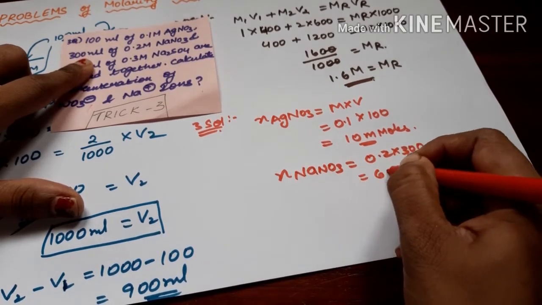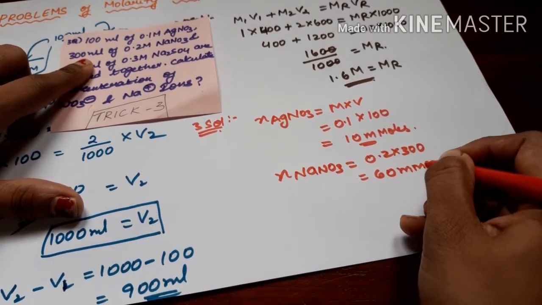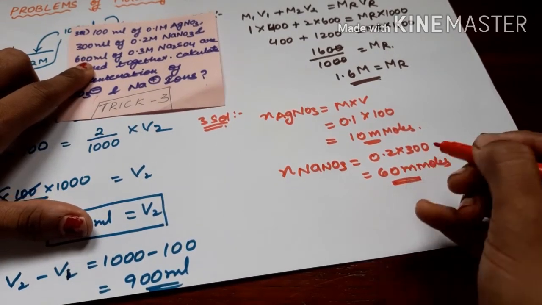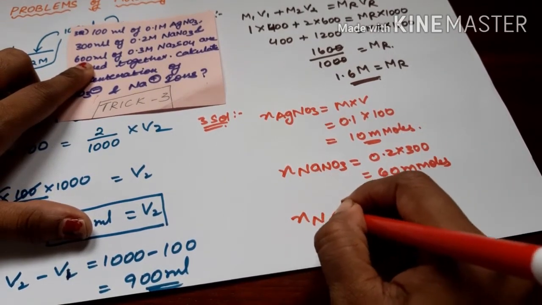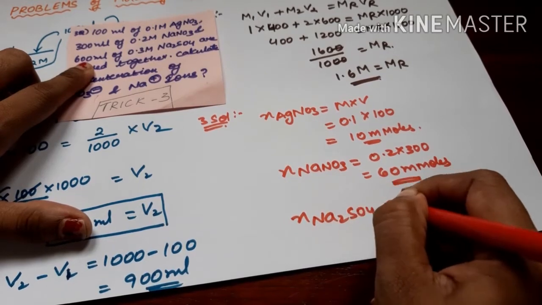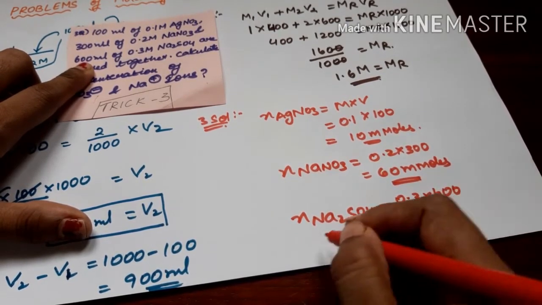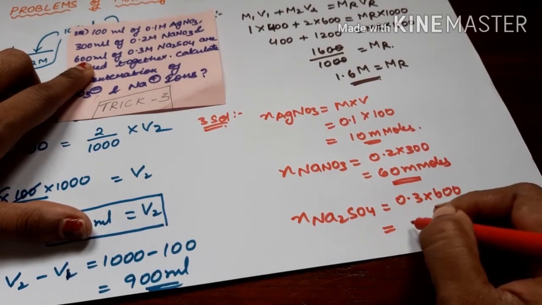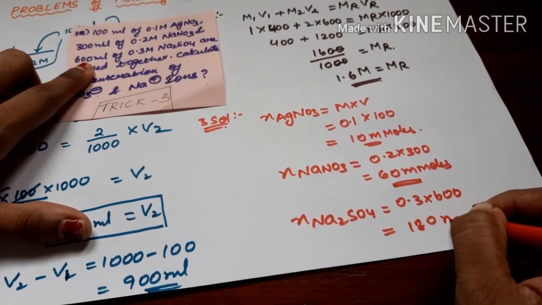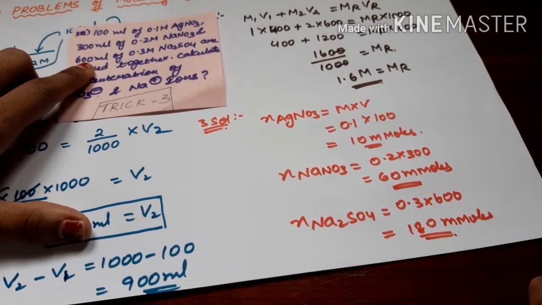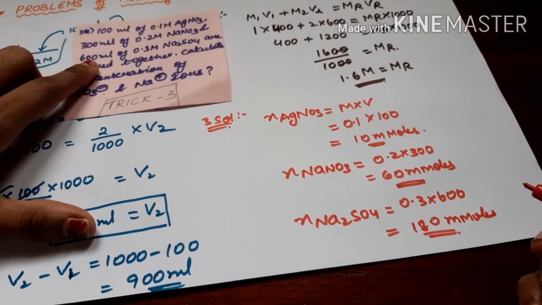We get 60 millimoles. Similarly, moles of Na2SO4 is 0.3 into 600 ml. We get 180 millimoles.